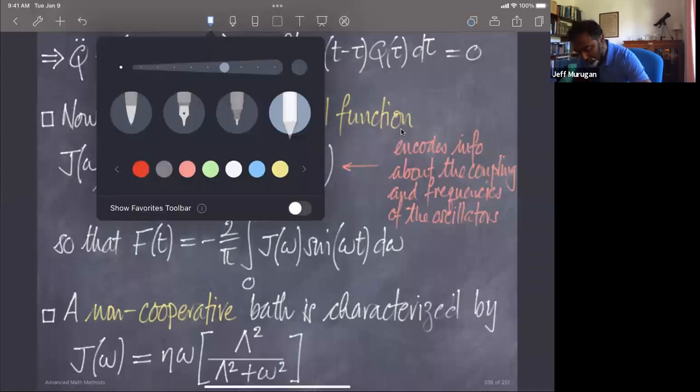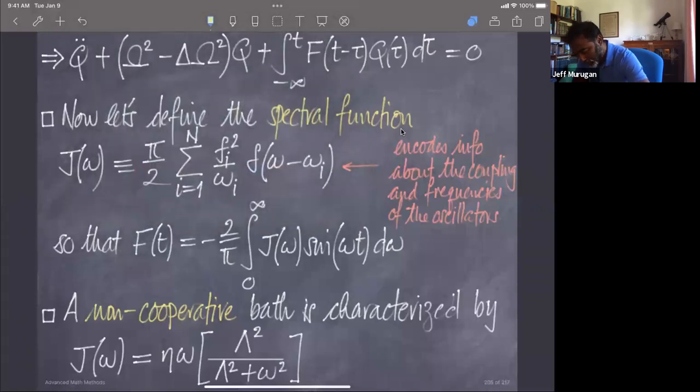This lambda here is a cutoff. The lambda here is a frequency cutoff that is going to regulate the system for us in such a way that integrals are going to converge.